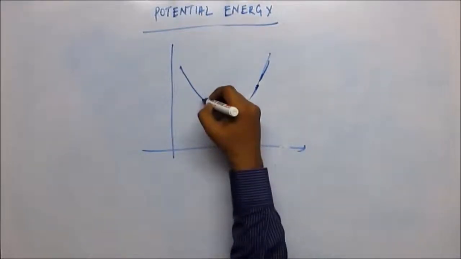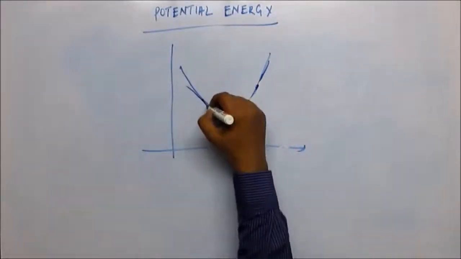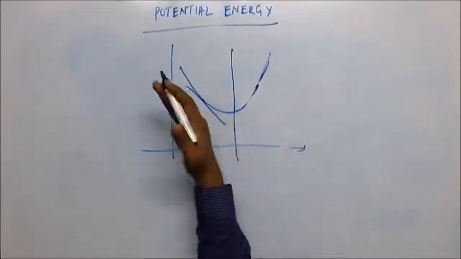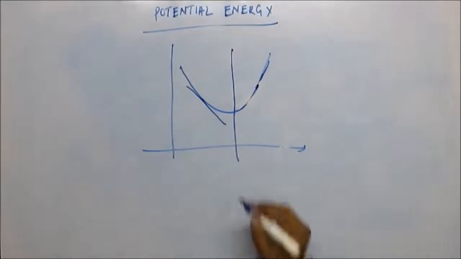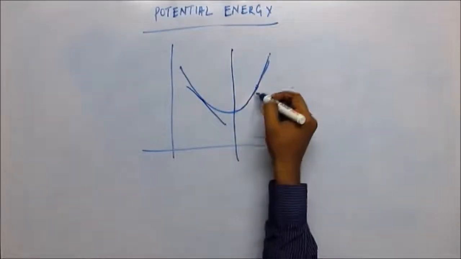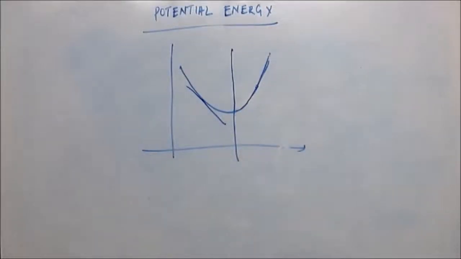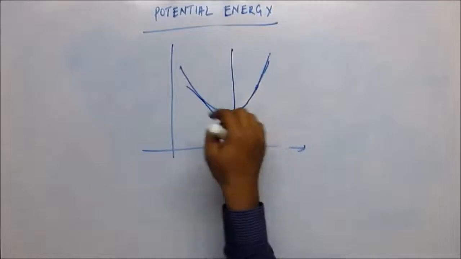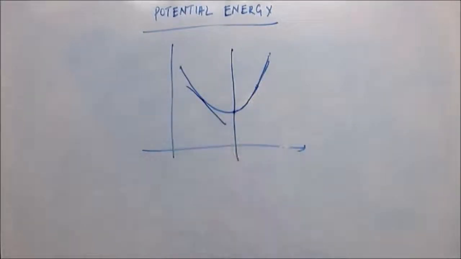See, dy by dx at any point on the left hand side will be negative because they all make obtuse angles, and dy by dx at any point on the right hand side will be positive because they all make acute angles. Dy by dx at this very point, which is the minimum of the curve, will be 0.